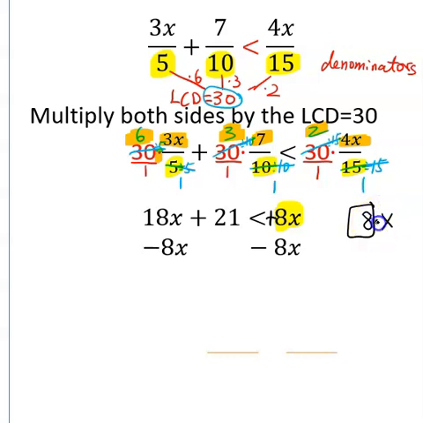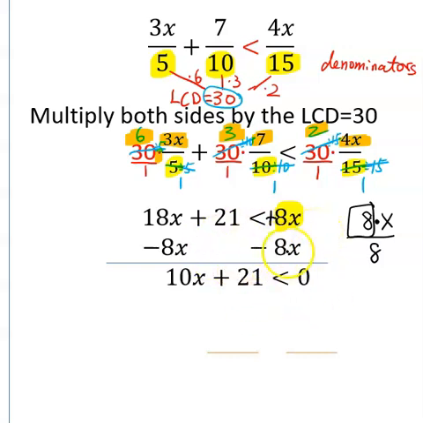If you just want to get rid of 8, because the operation between 8 and x is multiplication, we have to do division. But right here, we're not getting rid of 8. We're getting rid of 8x. So the operation in front of 8x is plus, so we reverse plus, we get minus.